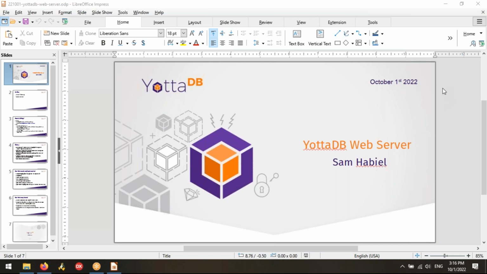OpenShift is another popular distribution that can run Kubernetes, and they did their own thing, but basically have moved to the Kubernetes way of doing things. That's kind of the short story, and as Sam says, containers are also much faster to start up, much lighter weight, that kind of thing.